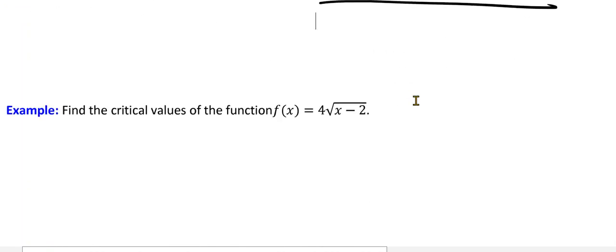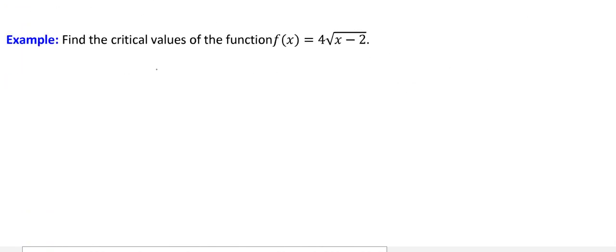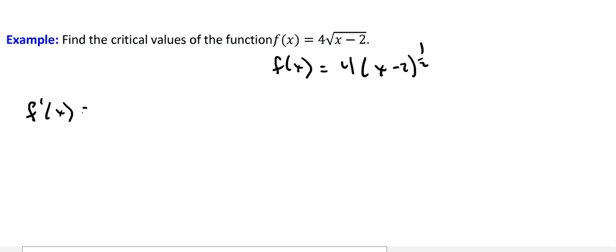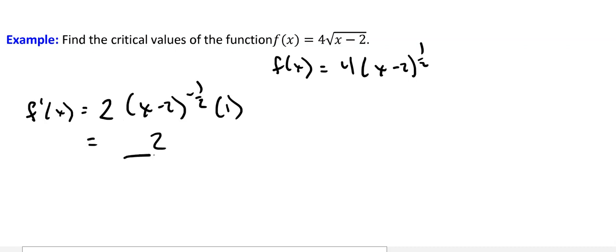And one more. This is very similar. You may want to change this to 4 times x minus 2 to the 1/2 power. The derivative is then going to be 2 times x minus 2 to the negative 1/2 power. Then we have to use the chain rule, but the derivative of x minus 2 is just 1. And so this becomes 2 over the square root of x minus 2.